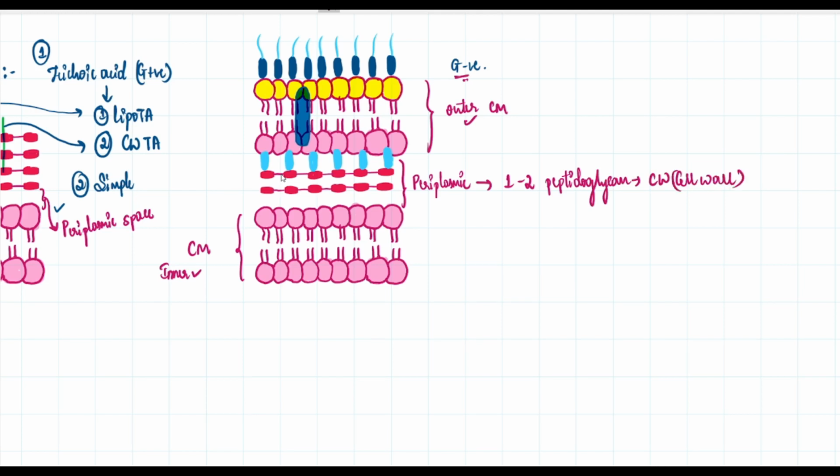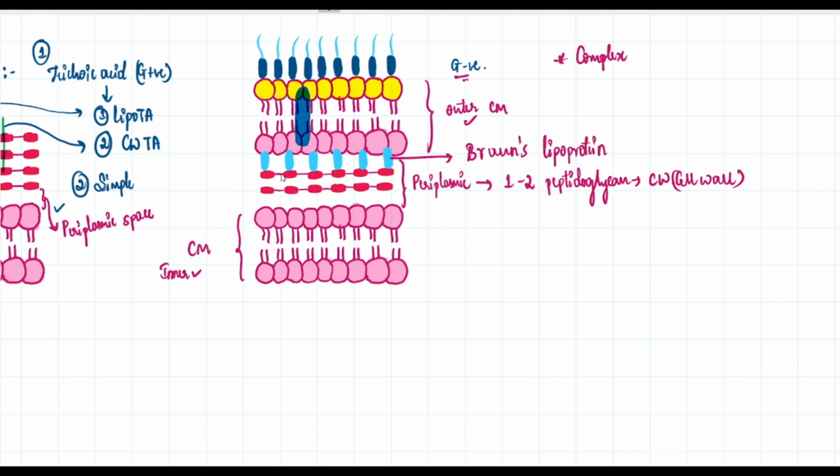Now, I'll discuss the main differences. Teichoic acid is absent, that is 1. Second, it is more complex. How is it complex? See here. These proteins are called Braun's lipoproteins, B-R-A-U-N.